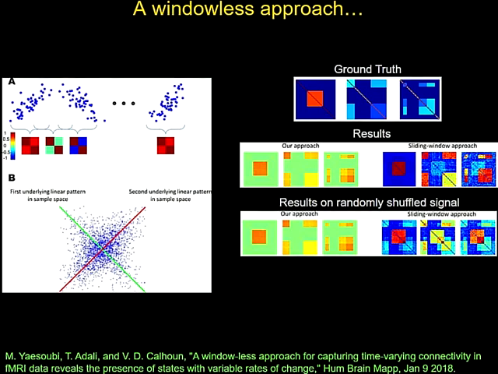If you use a windowless approach on some ground truth simulated data, you get back a pretty good representation of the underlying ground truth for either approach if it's smooth. But if you randomly shuffle it, the windowless approach works well and this one does not, because it's assuming some temporal ordering and smoothness in those transitions.